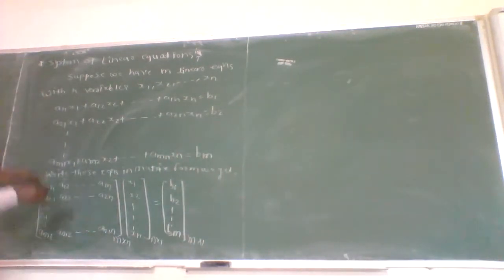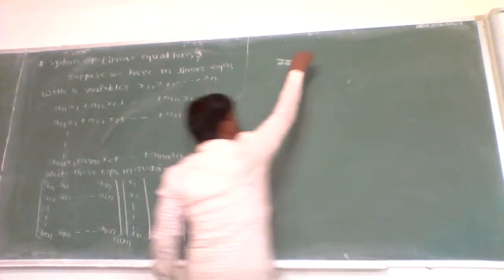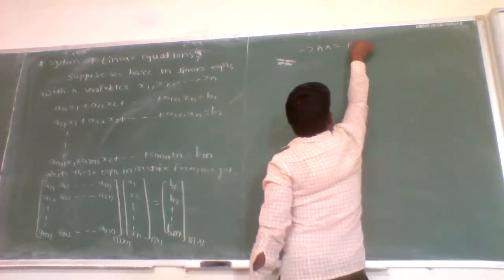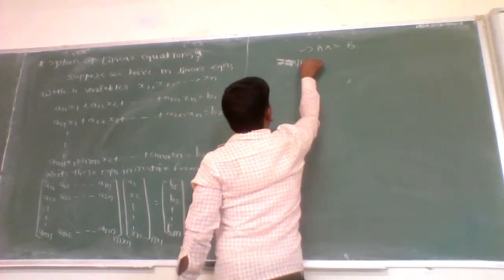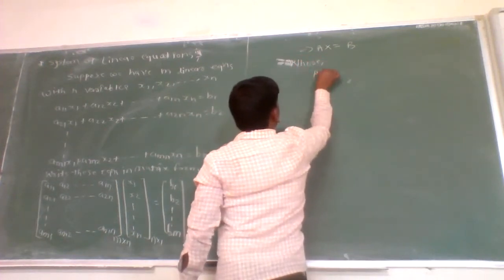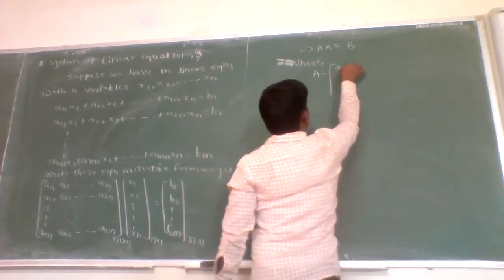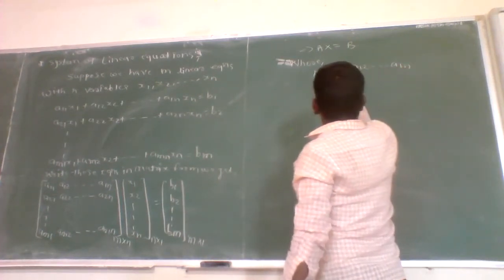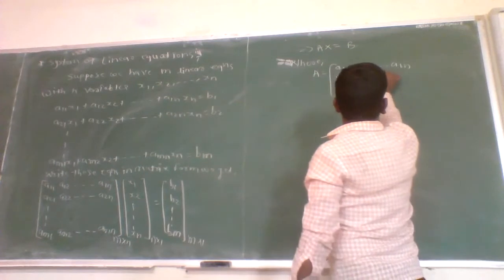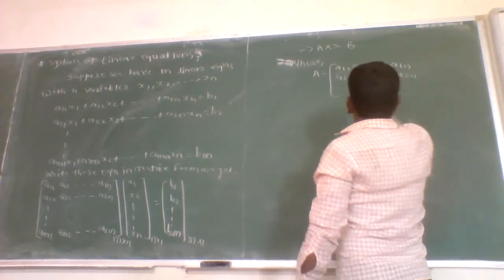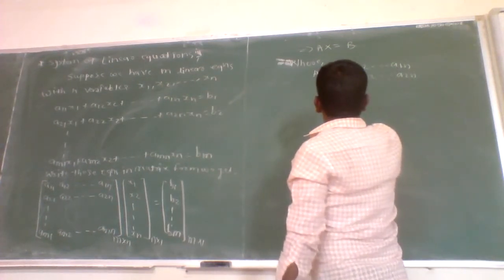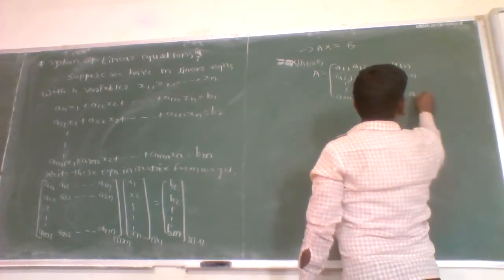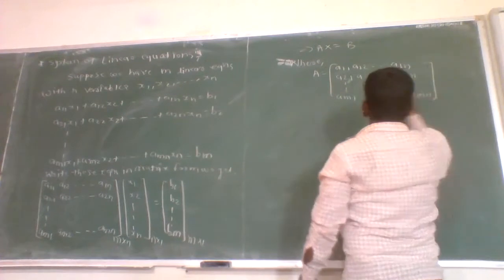Now let us take this matrix as A, which implies Ax is equal to B, where A is equal to the matrix with rows a11, a12 up to so on a1n, a21, a22 up to so on a2n, and am1, am2 and up to so on amn.